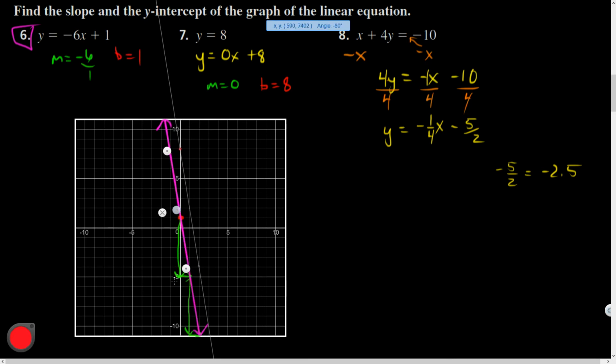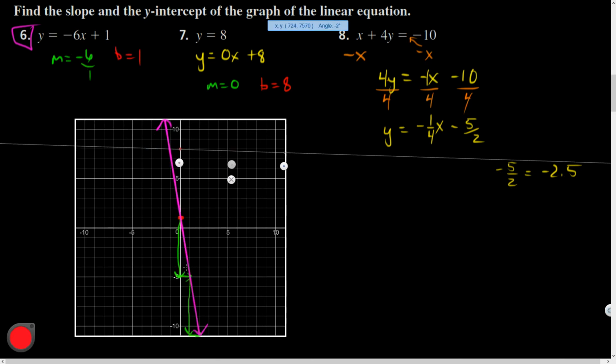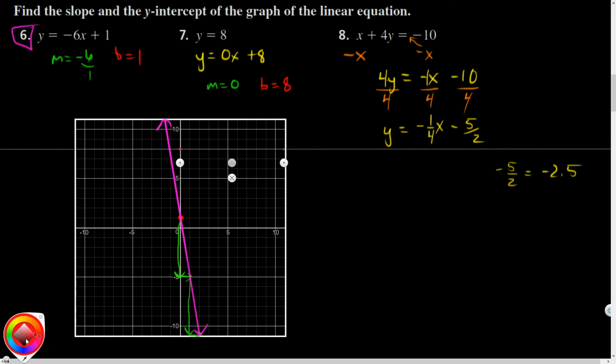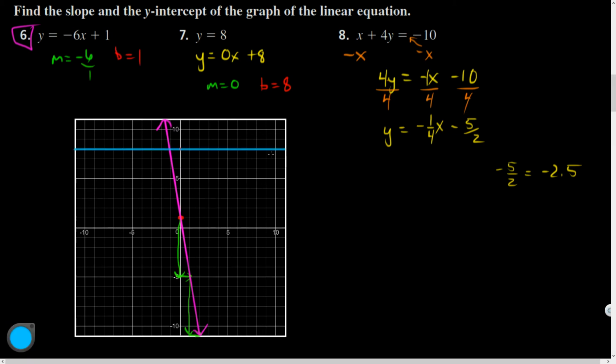You guys just know that that's a horizontal line. So there's numero 7. Okay, this one's tricky, friends.